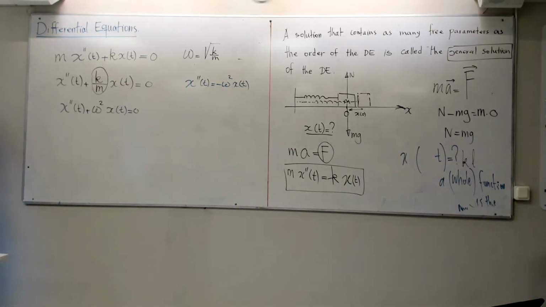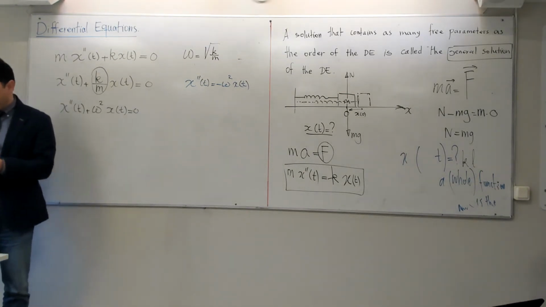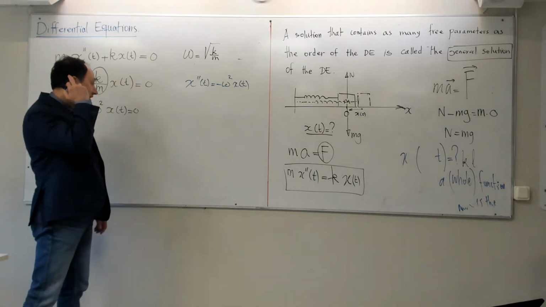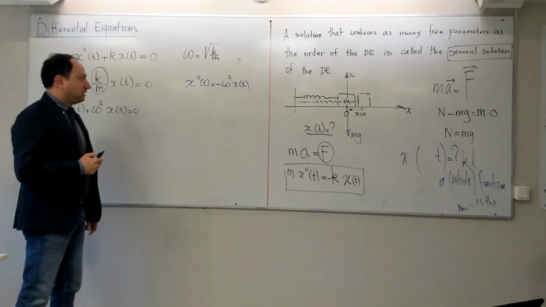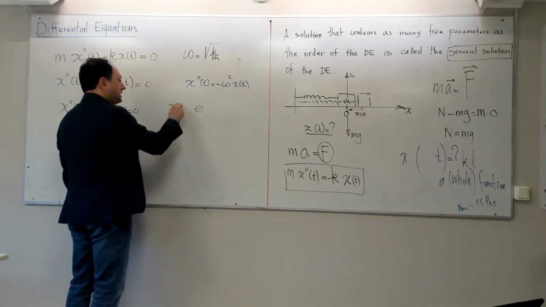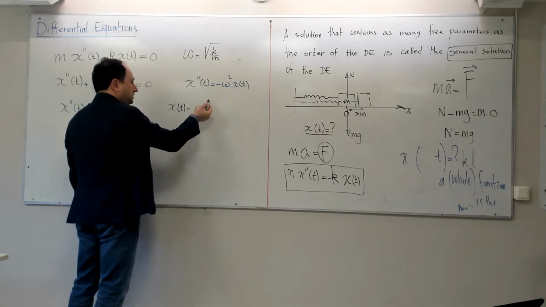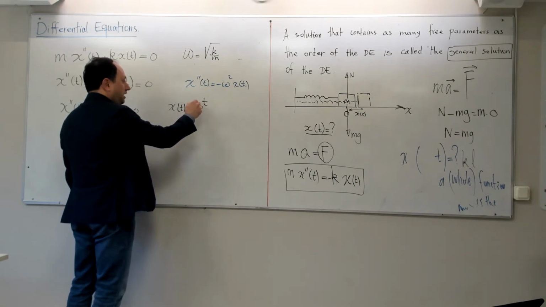Oh, okay, let us check. You are close, but there is a caveat for that. So, if I guess that x of t is some exponential function, I don't know which one. So what happens? I can give a number here as well, alpha.